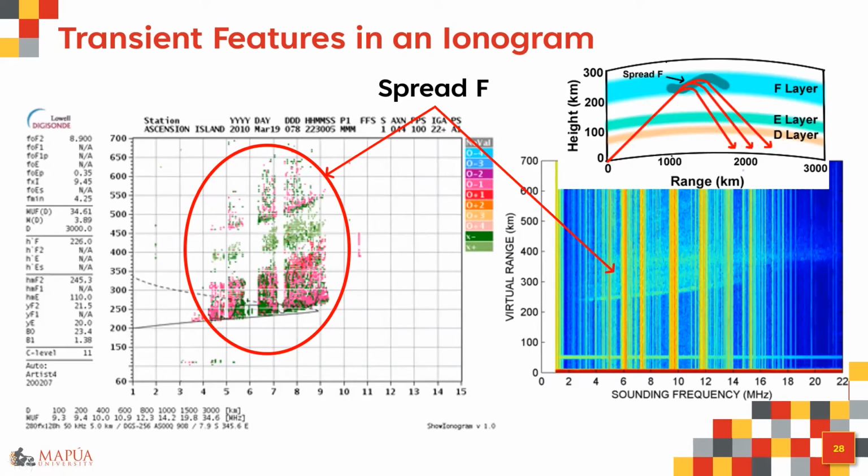Another consequence of spread F events is that for trans-ionospheric signals, radio scintillation or ionospheric scintillation may happen. Okay, so what if you are going to use, let's say, GPS, and spread F occurs in the ionogram?